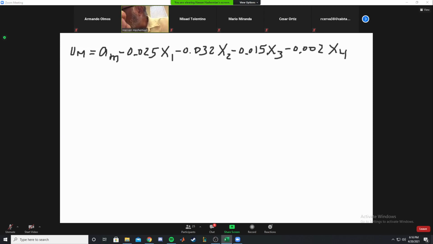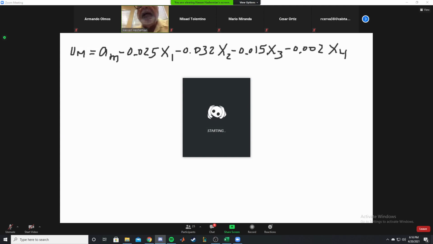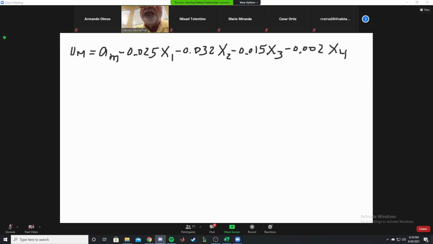Now, we had so far auto and bus, and I want to introduce another one we call rapid transit. We had the information of x1, x2, x3, x4 for auto and bus.